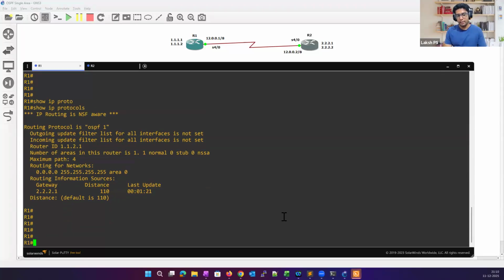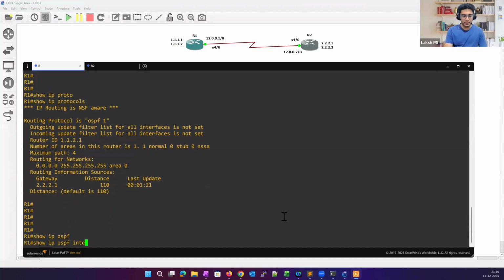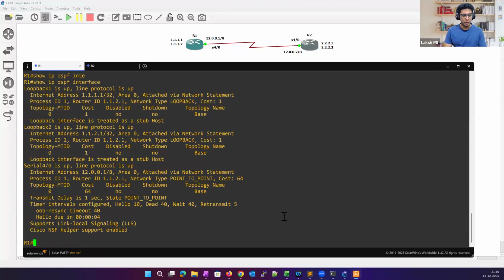To check the interfaces on which OSPF has been enabled, you write the command show ip ospf interface.